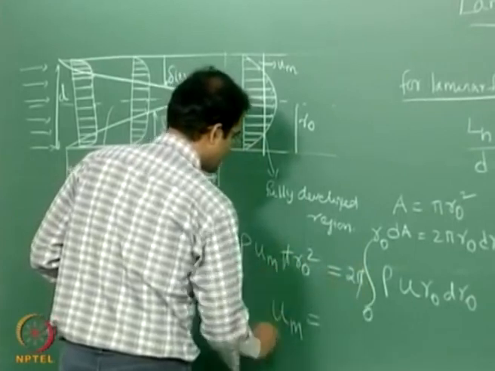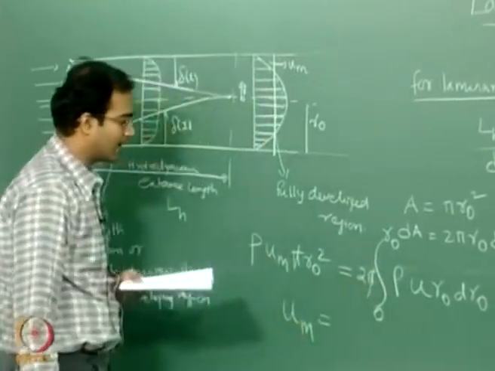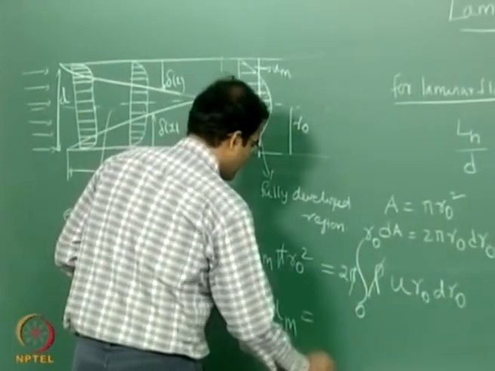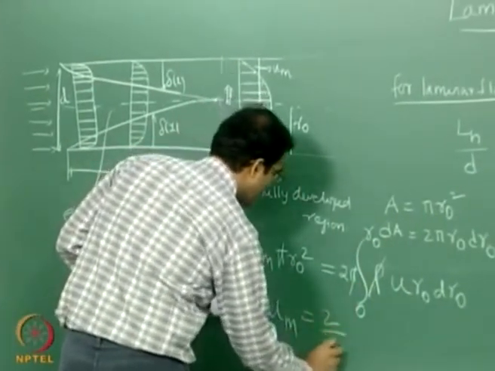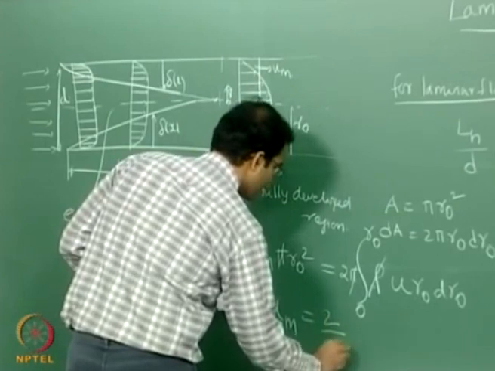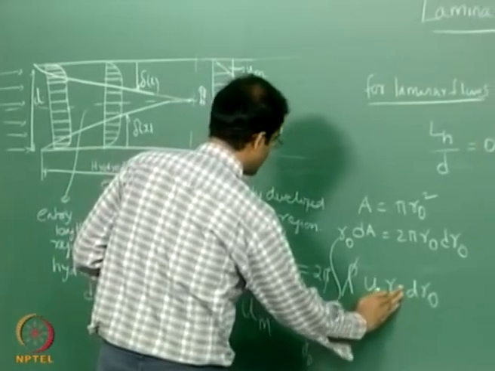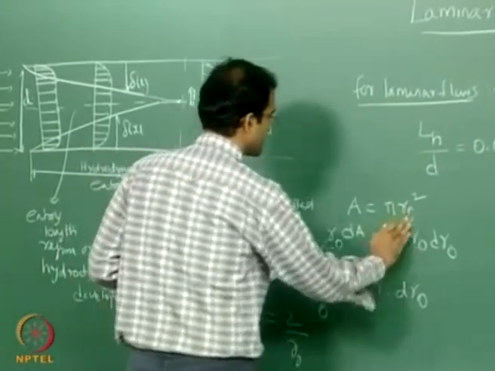Okay, my pi cancels, so if you look at incompressible flows, my density is also constant. So therefore this will be 2 by r naught square. So here my r naught, so this is basically my r, I'm sorry, this is pi r square.